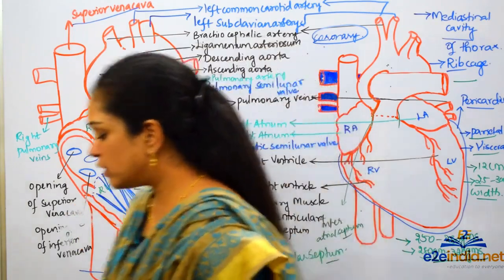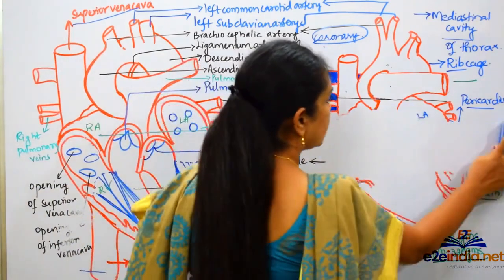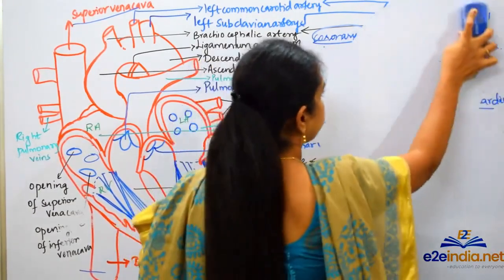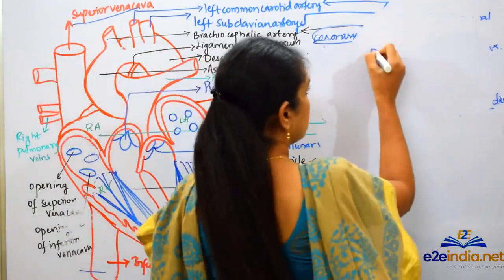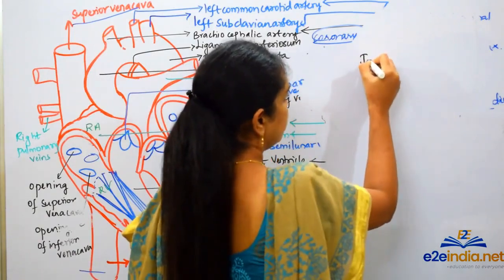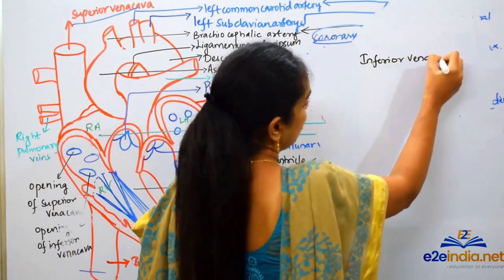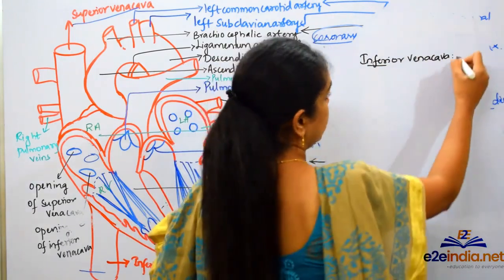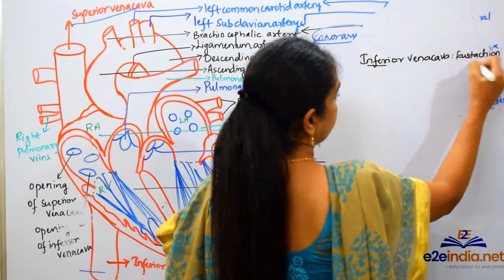This is one of the most important questions in matrix matching: what are the different valves present in the heart? One is the Eustachian valve. The inferior vena cava, which brings deoxygenated blood from the posterior parts of the body, is guarded by the Eustachian valve.